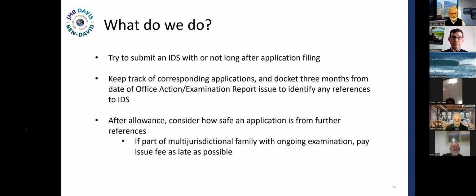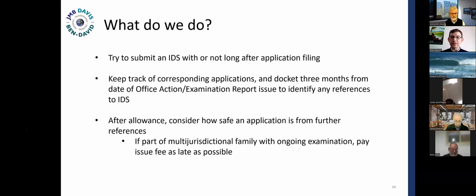After we receive the notice of allowance, there becomes a question of, well, how quickly do you pay the issue fee? And like I said, if the issue fee has already been paid, it can be a little bit of a challenge to get that reference before the examiner. So if you think that your application is safe in other jurisdictions and you're not expecting to get anything new, don't worry about those.